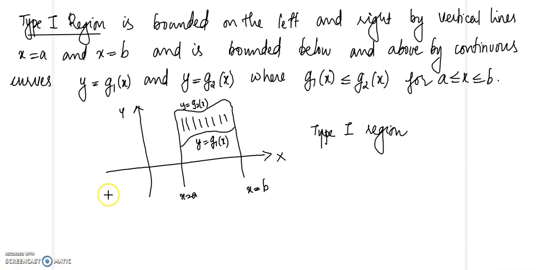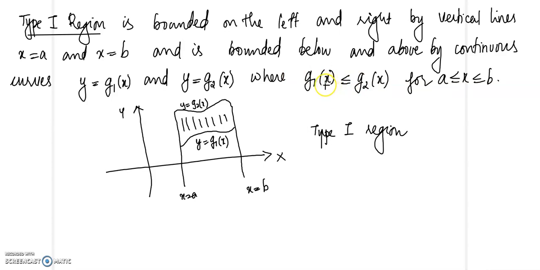Let's now define the type 1 region. By type 1 region, we mean a region which is bounded on the left and right by the vertical lines x equal to a and x equal to b, and is bounded below and above by continuous functions y equal to g1 of x and y equal to g2 of x, where g1 of x is less than or equal to g2 of x for x from a to b.